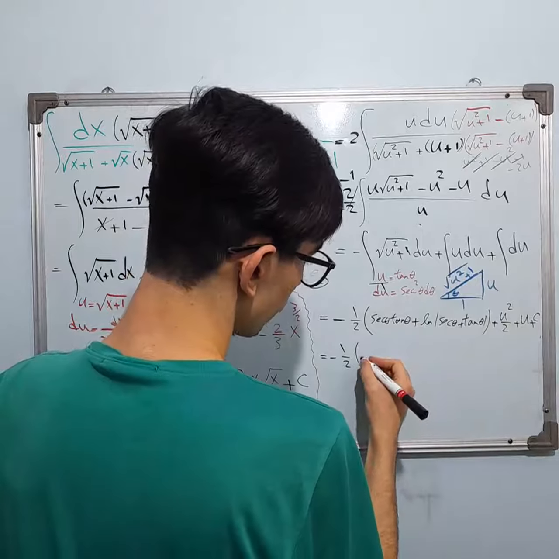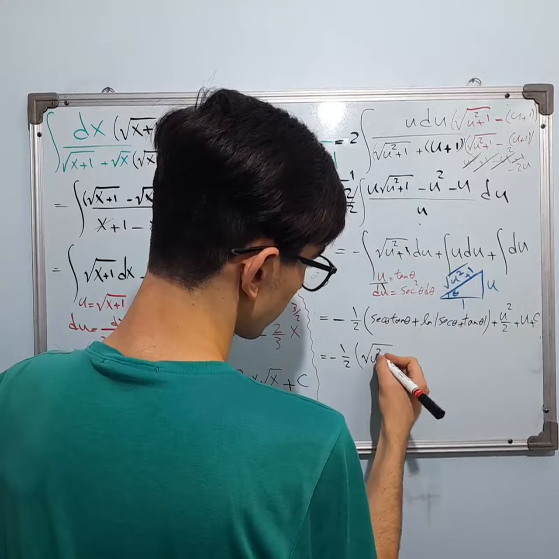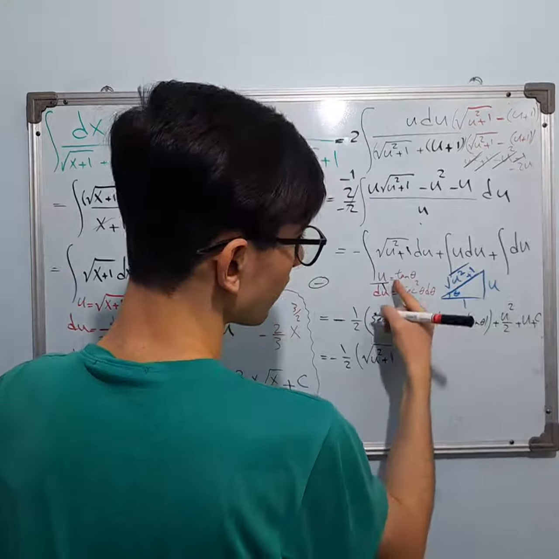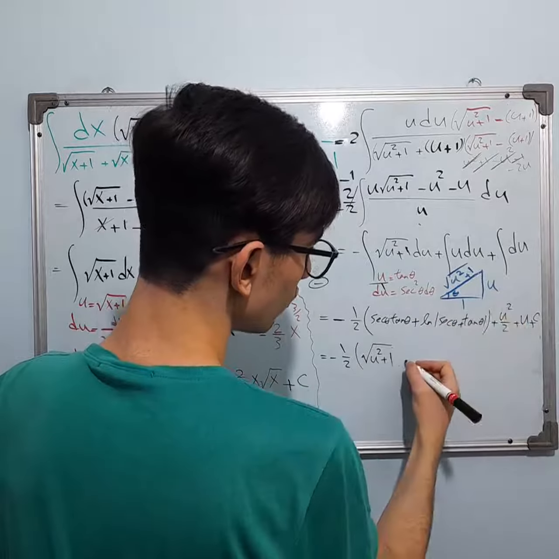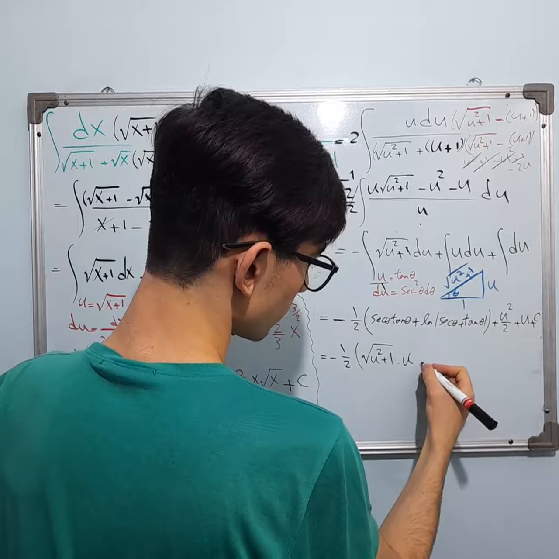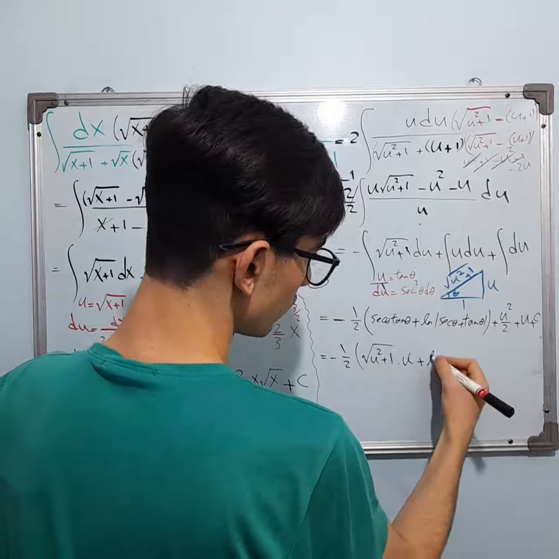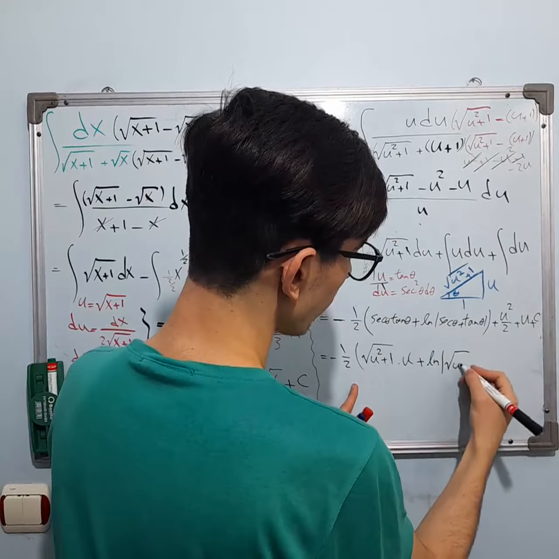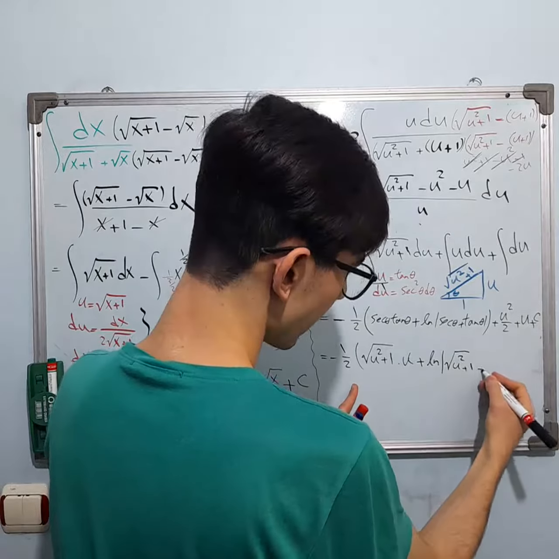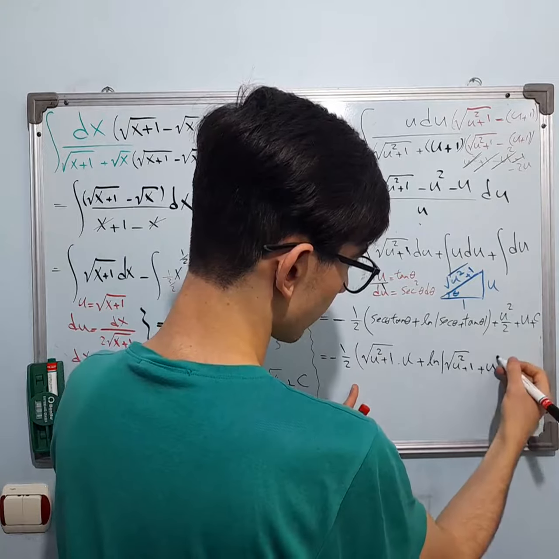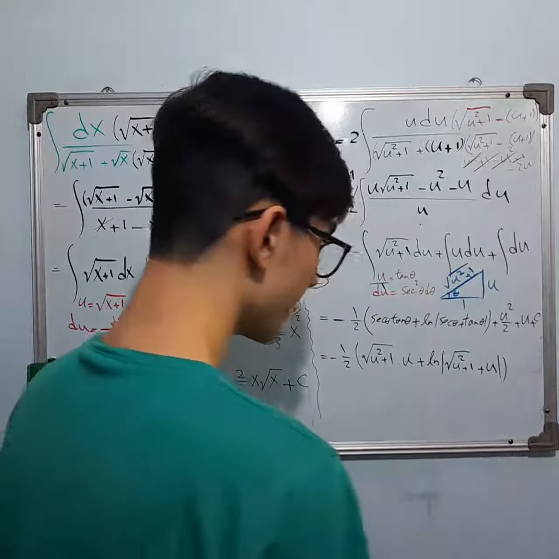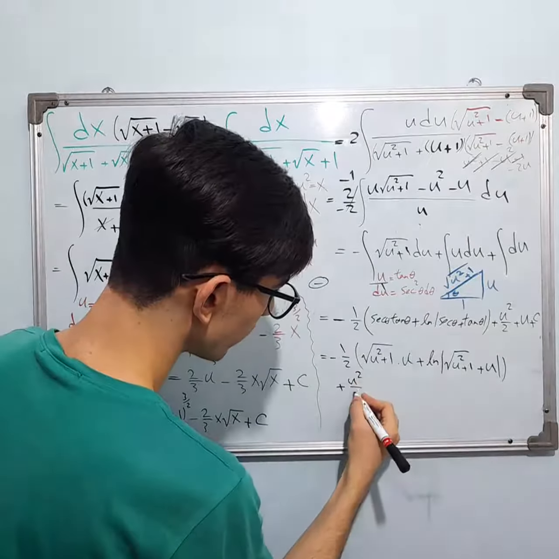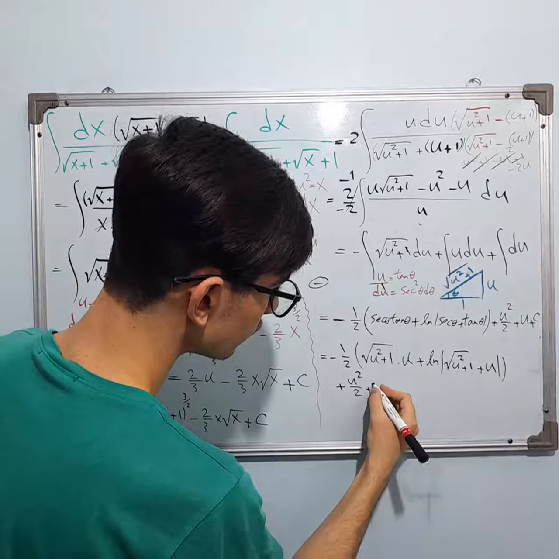Okay, so secant theta is the square root of u squared plus 1, tangent theta is only u, times secant theta, plus natural logarithm of secant theta, the square root of u squared plus 1, plus tangent theta, u, and plus u squared over 2 plus u plus c.